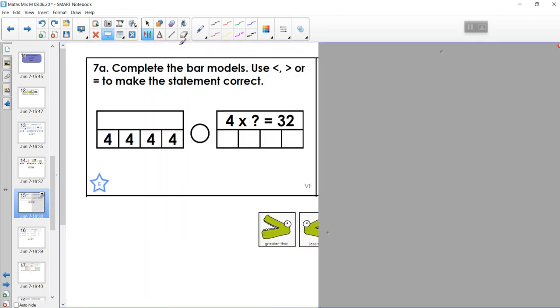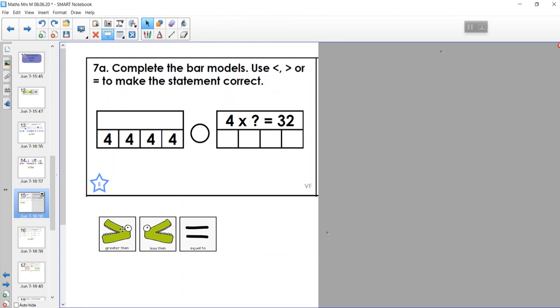I'm going to use a bar model now to help us. It says complete the bar model using less than, greater than, or equal to to make the statement correct. I've got too much missing information at the moment. Let's work this out. 4 times 4 gives me 16.